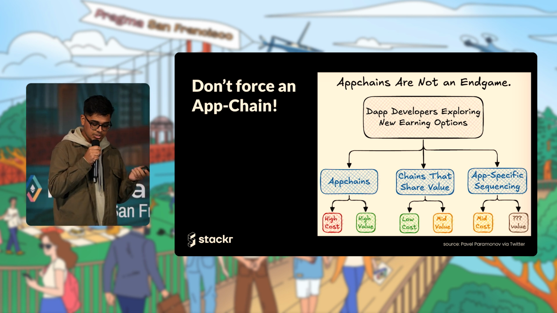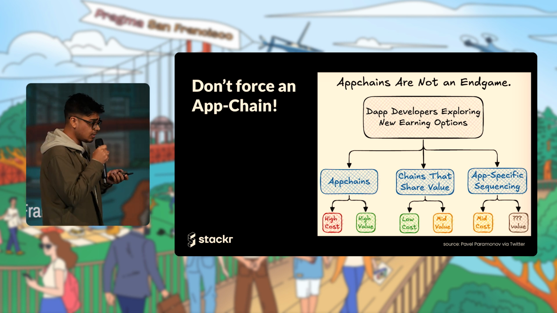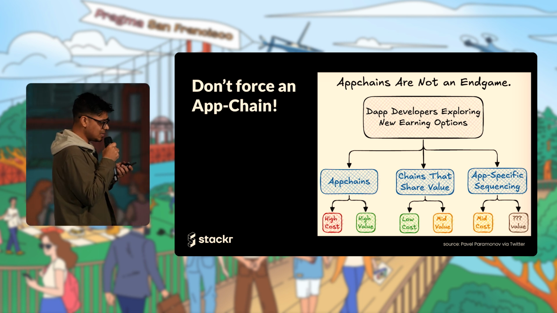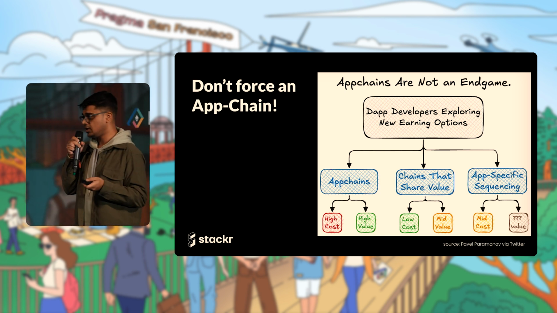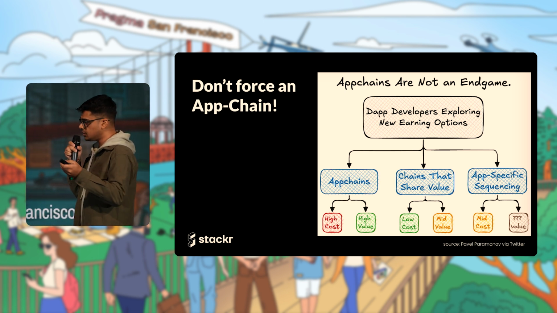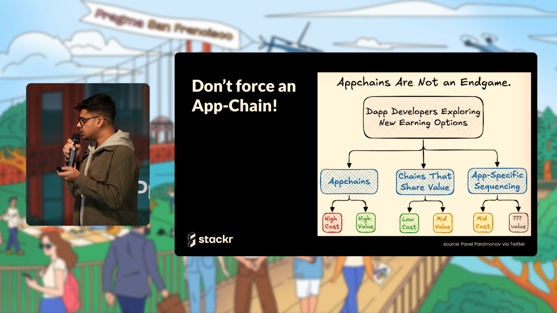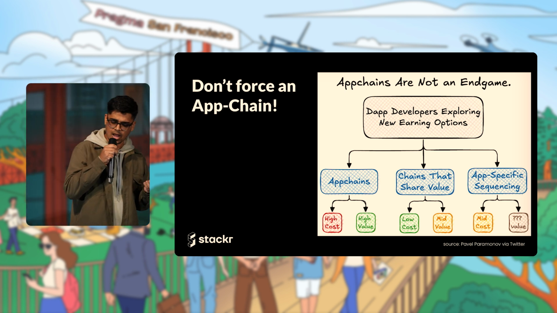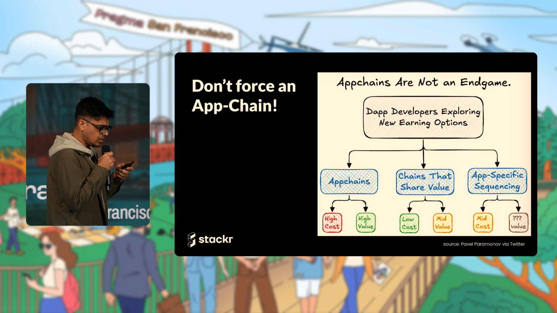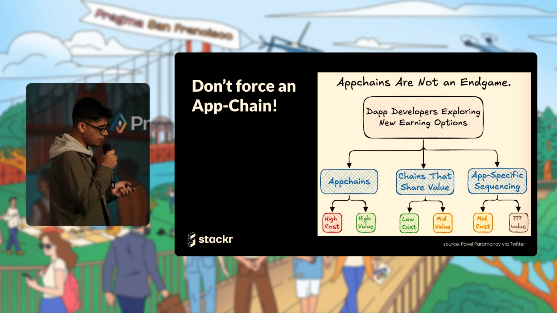And then chains that share value are definitely lower cost, but they are mid-value as well, because you can have domain-specific chains wherein, let's say there is a chain with most of the DeFi activity happening, you launch your application, but then the other applications on that chain would probably share value. An example of that could be Blast, wherein the sequencers commit to an application, but then again, you don't capture 100% of the value out of it.